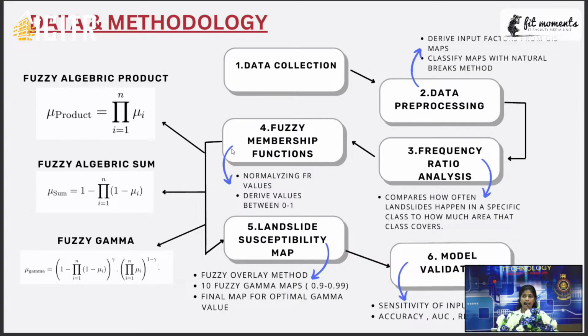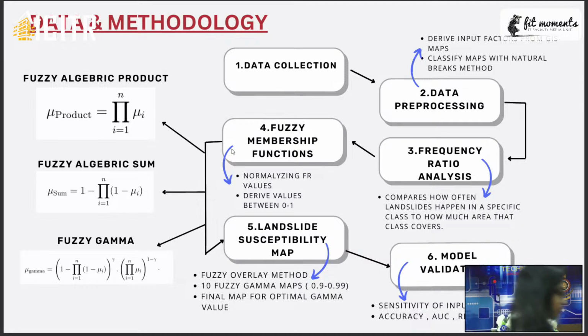After getting these frequency values, I converted them into fuzzy membership functions by normalizing them between 0 and 1. There, I used the fuzzy overlay method with fuzzy algebraic product, fuzzy algebraic sum, and fuzzy gamma.